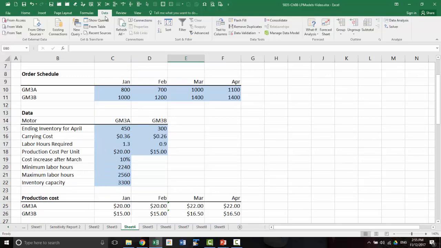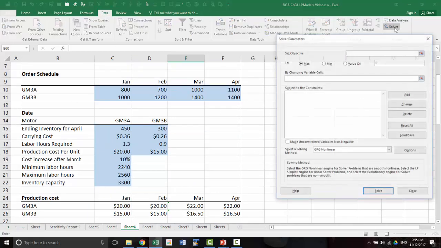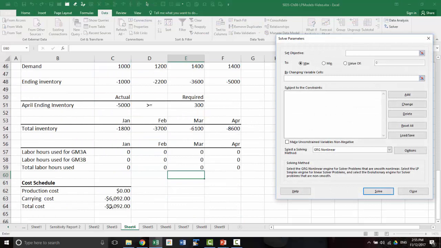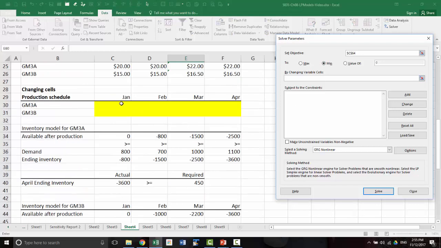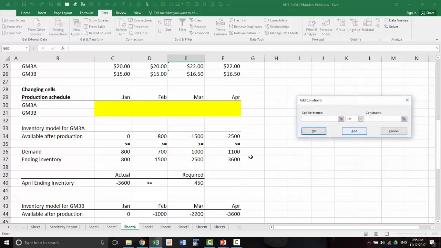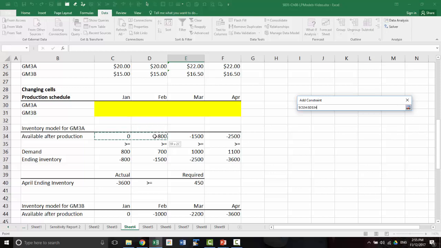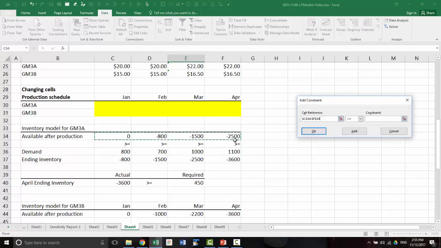Now Data, Solver. So that's the objective cell, and we want to minimize. The changing cells are these cells, and the constraints are: available after production must be greater than or equal to demand.